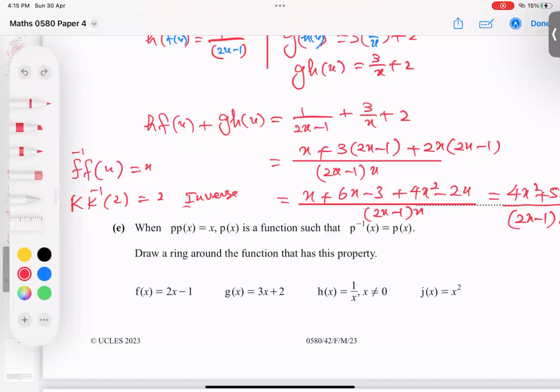So first of all, check. He's saying when P of x equals this x, P is a function and P inverse such that, okay, draw a ring around the function that has this property.